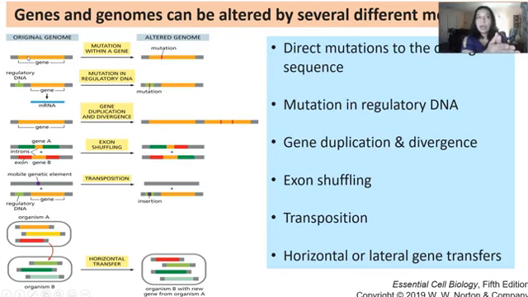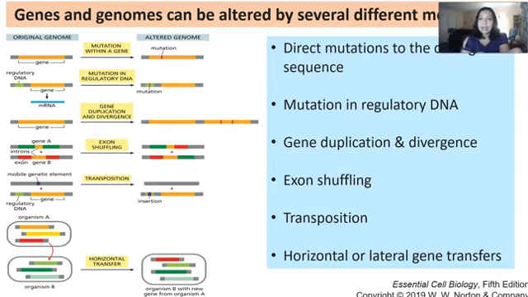So this is where, looking at just the coding sequence of a particular gene, let's say for brown eyes or blue eyes or anything else, there is a mutation somewhere in there in one nucleotide or multiple nucleotides.